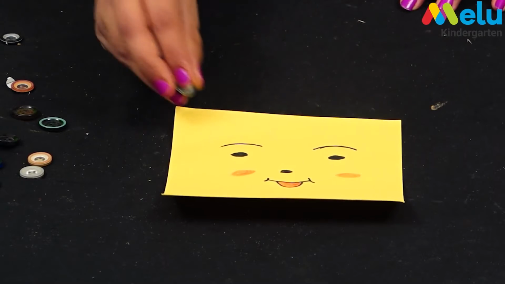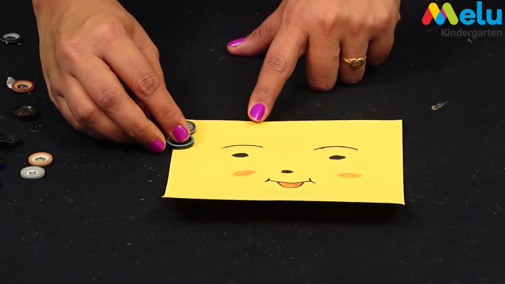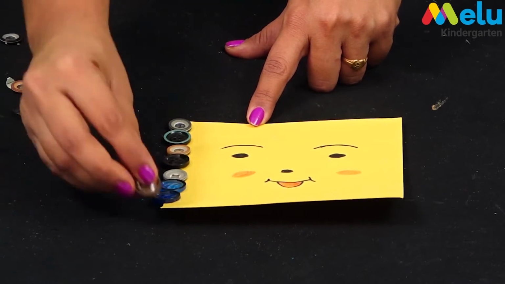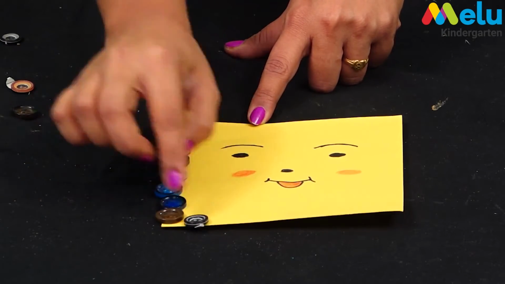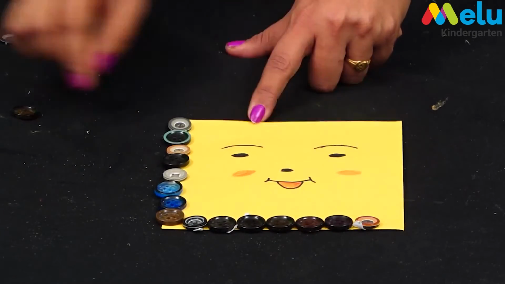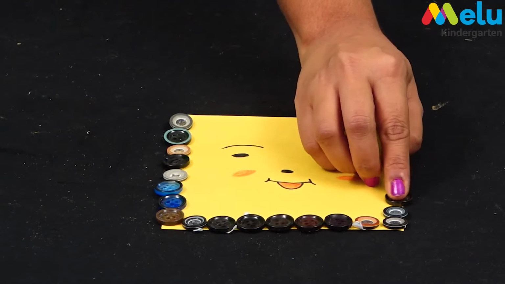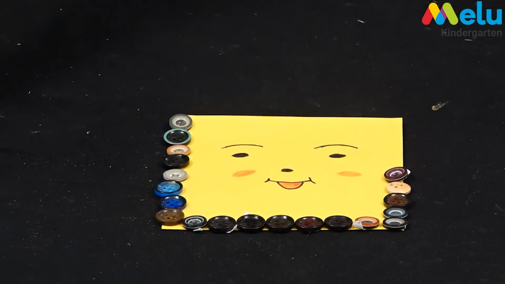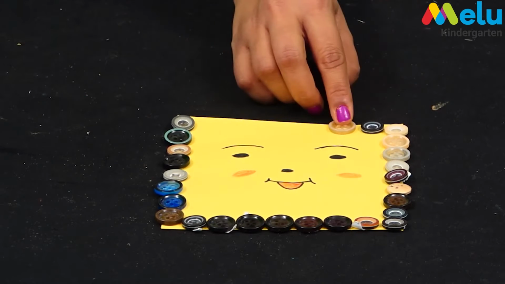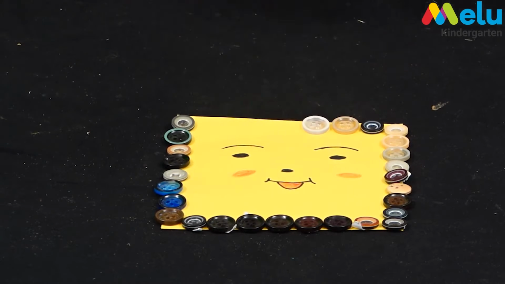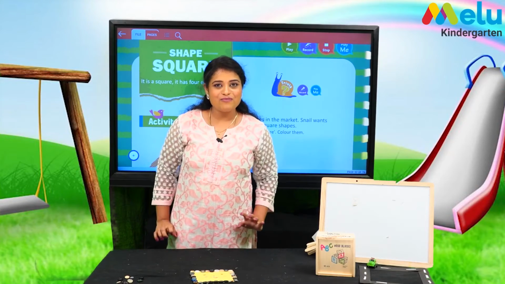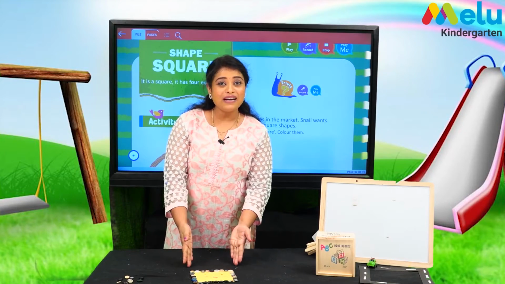So we will start from here. So children, here I have made a square using these buttons.